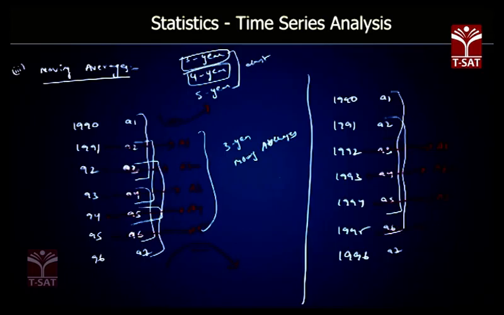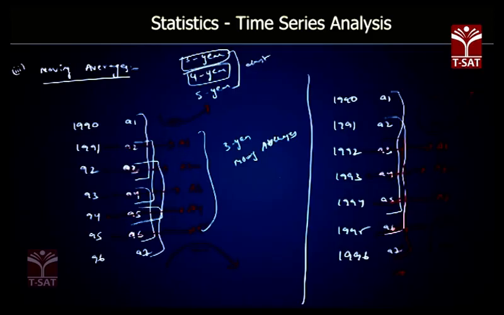Same way we get A3 and then A4 for 94, from A4, A5, A6, A7. Here only 4 values remain, there is no 5th value. So we cannot find it for 95, 96. Here two values are null values.